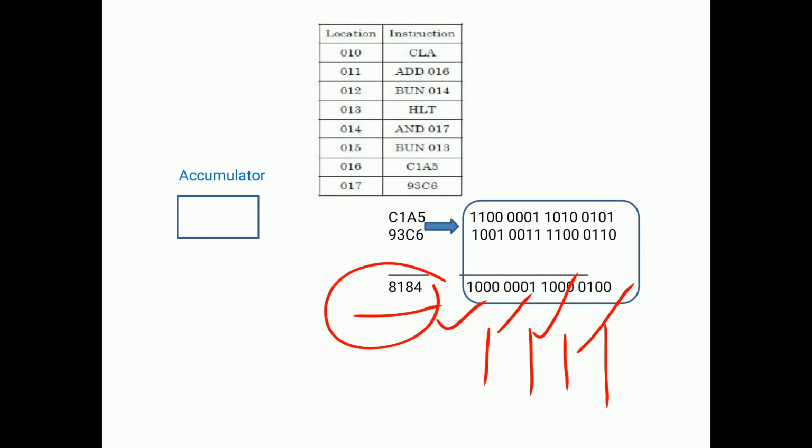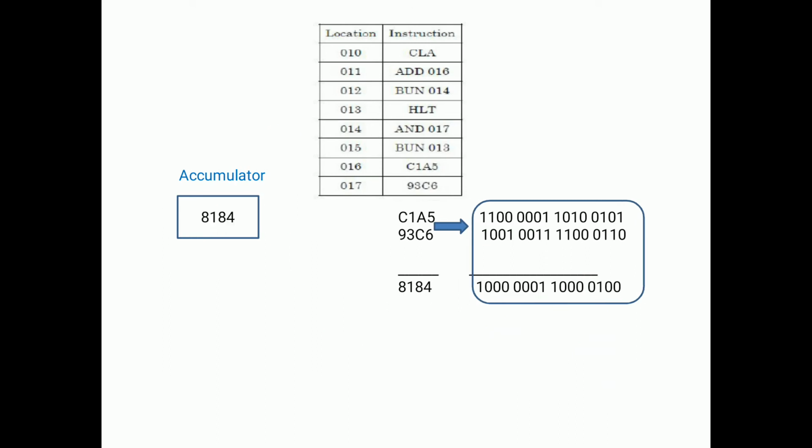So after performing the AND operation on the content of the accumulator and the content present at location 017, we get 8184. So put this value, 8184, into the accumulator.